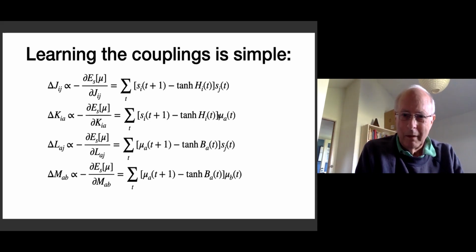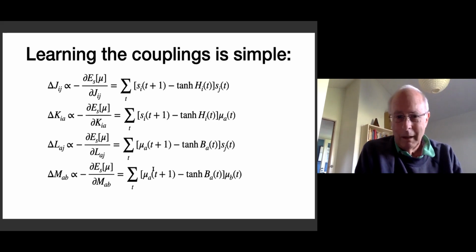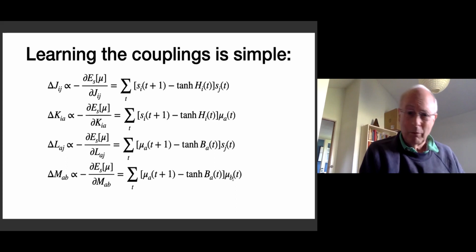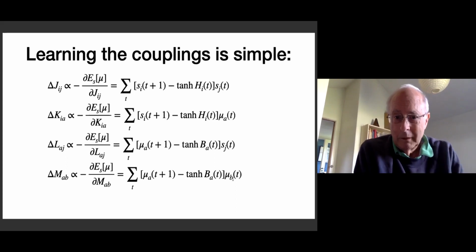But since the input unit is a hidden unit, it's the mu that occurs here instead of the S. And the L is the other way around. It's the error on the hidden unit. And for the M, both the error and the input are hidden.